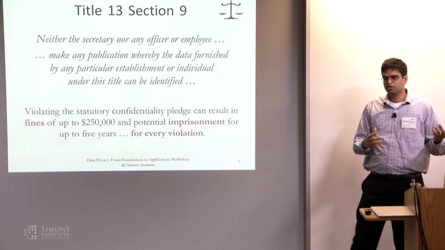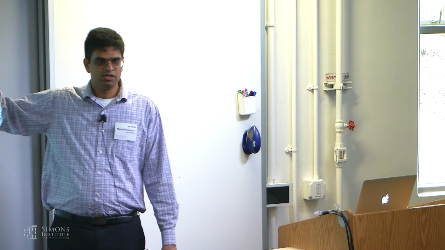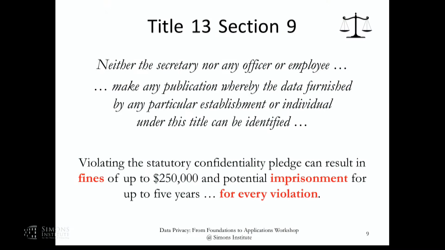So not only should we think about the privacy of individuals, you have to think about the privacy of establishments as well. So here's an example where you have to think about the privacy of multiple entities in your database, right? And of course, it comes with heavy fines for every violation. So remember, for every record that you harm, these are the kinds of fines that are applied here.